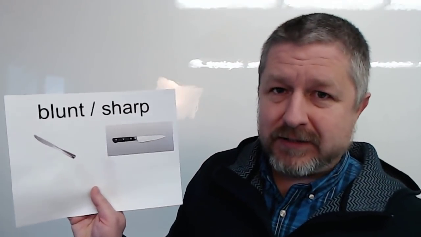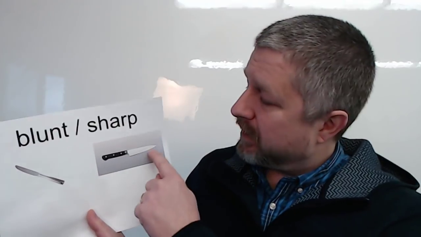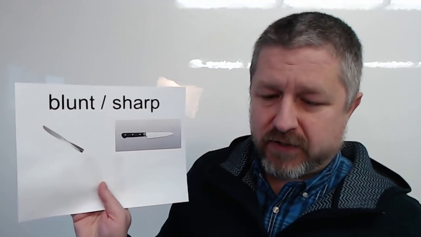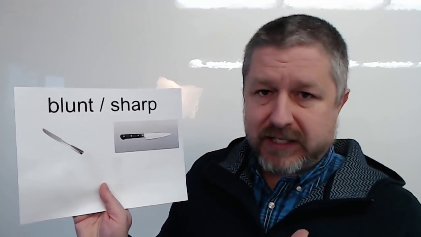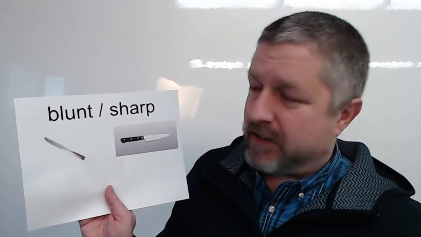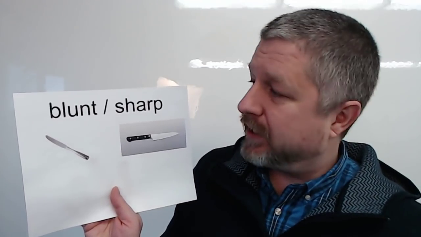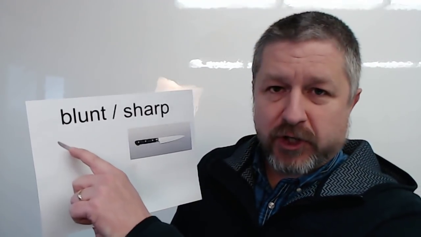We're looking at opposites if you're just joining us. Blunt and sharp. So I'll start with sharp. This knife is sharp. Someone has sharpened the knife. So they made it so that it cuts really well. This in English is something we call a butter knife. I'm not sure what you call it in your country, but this knife is not sharp, okay?